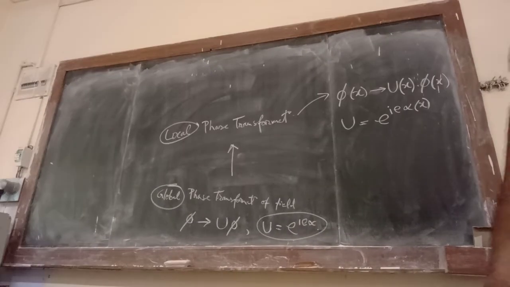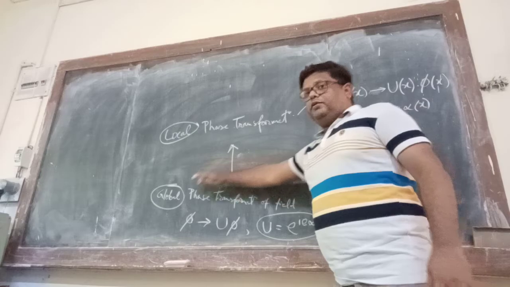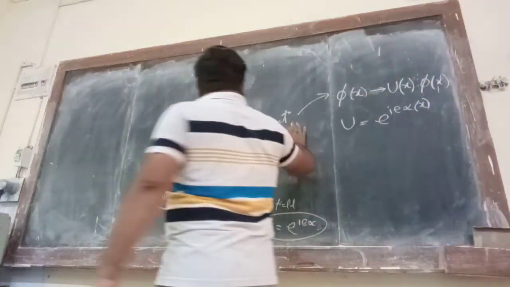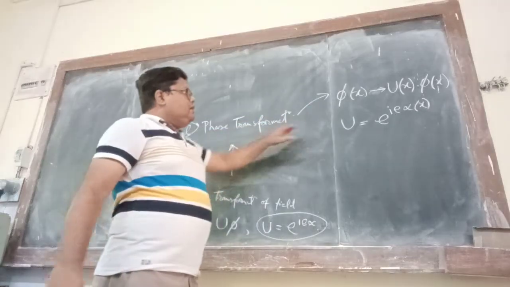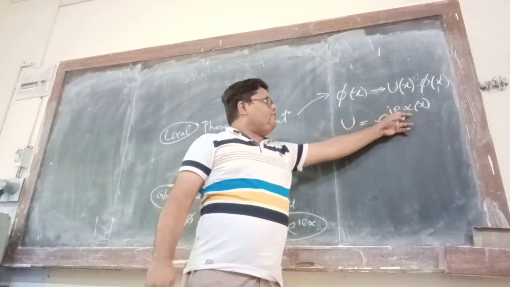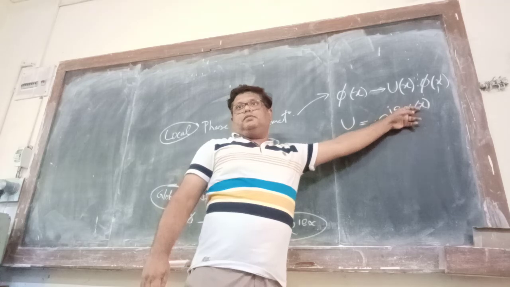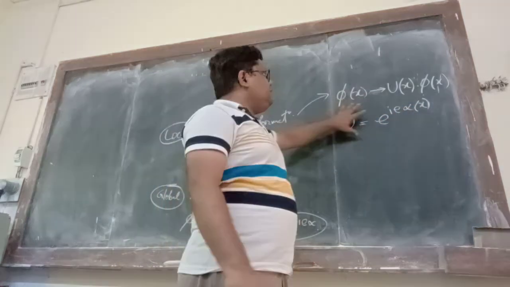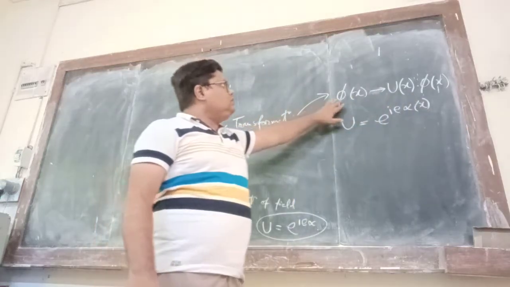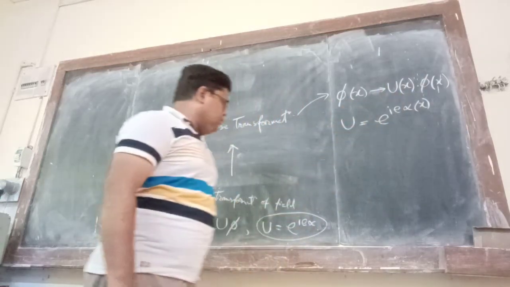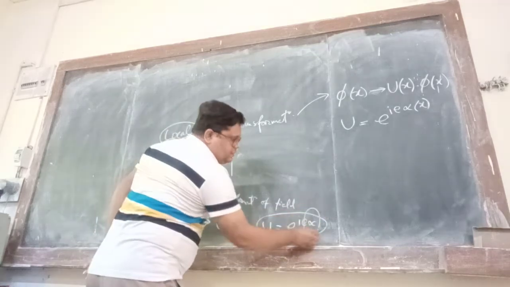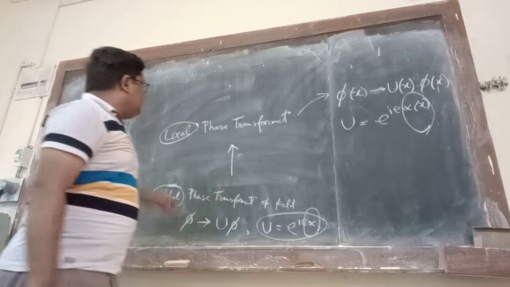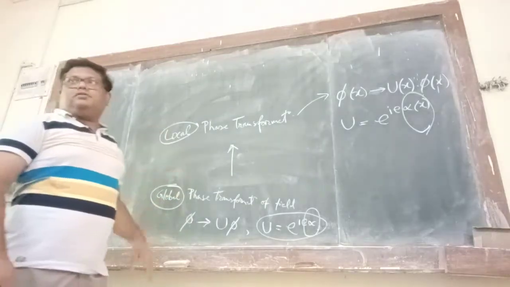Okay, so see, this is the global phase transformation, and now I have written down the local phase transformation, where you see there is a phase, and the phase depends on the position, space and time coordinates. I have written it in the shortened form over here, and also like this. So overall the moral is there is no dependence here and there is a dependence on x over here, and this is our local phase transformation.